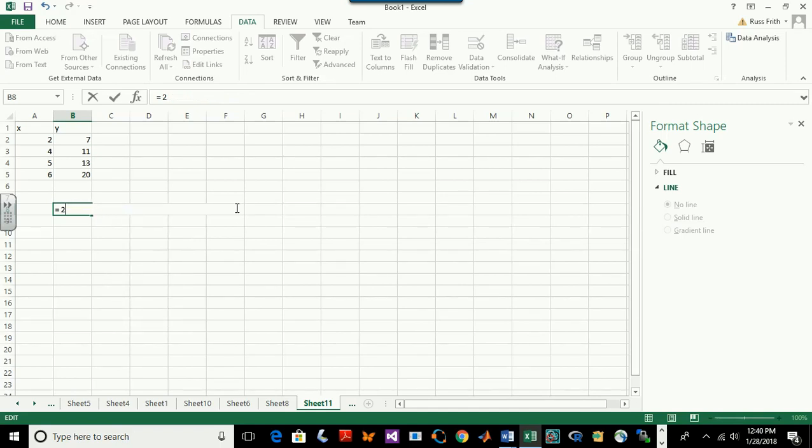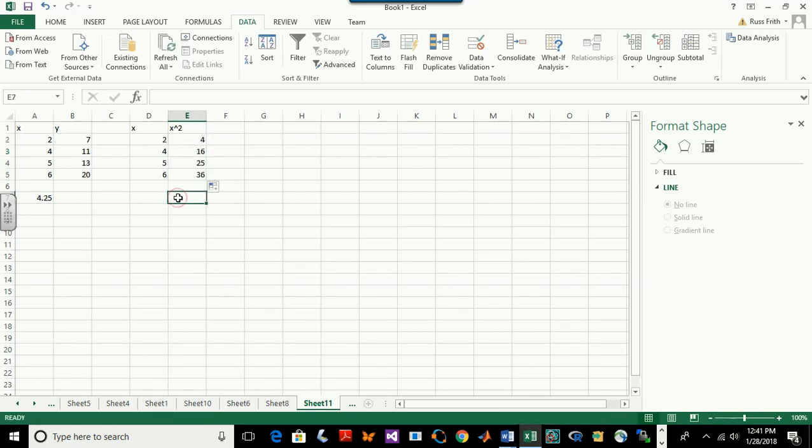Let's do this. Let's calculate our intermediate sums first. So x bar is equal to the average of these numbers. Okay, so this is our x bar. And then our sum of x squared values. So we'll have x: 2, 4, 5, and 6. Okay, so x squared is equal to that value squared. So that's 4.